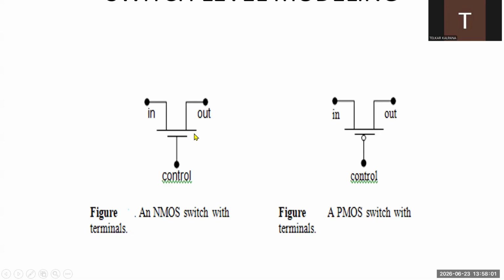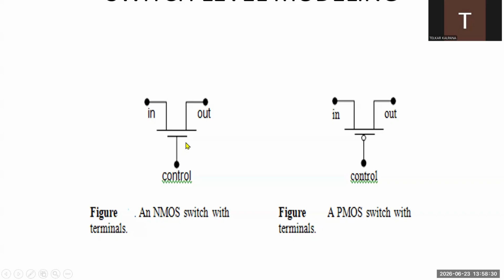Here, it shows the symbolic representation of NMOS switch and PMOS switch. IN stands for the input and OUT stands for the output. So if we take in as a source and out as drain, this control is nothing but the gate.